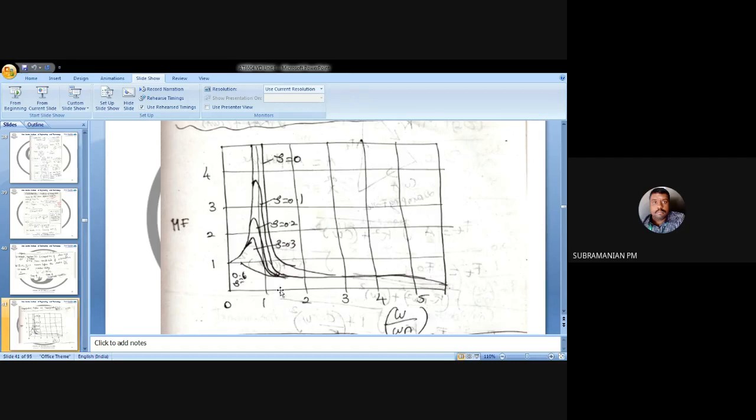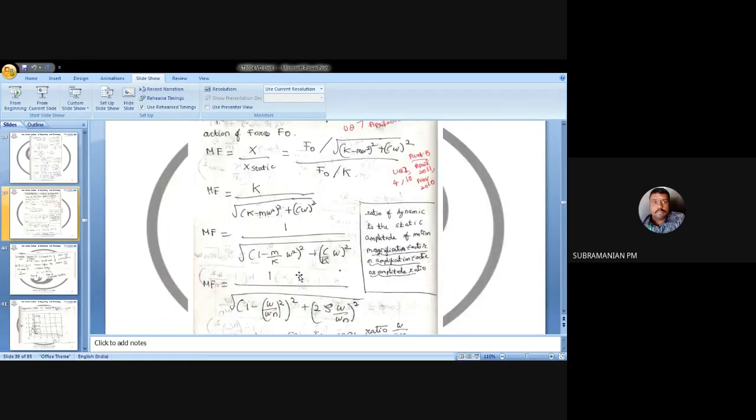Now consider the magnification factor when the damping ratio is 0. First, let us go to the expression. The damping ratio is 0, that is, I am not providing damping. So this term will be 0.